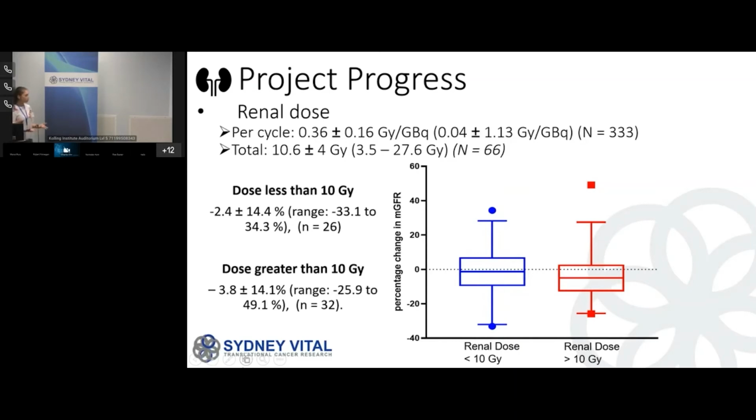So we split our cohort into 2: patients that had less than 10 gray and patients that had greater than 10 gray. We looked at the percentage change between the pre and post renal function, and we found that there was a drop of 2.4% for patients that had a lower than 10 gray dose, and then a drop of 3.8% for patients that had a higher than 10 gray dose. We found that this difference was not statistically significant between the two groups.